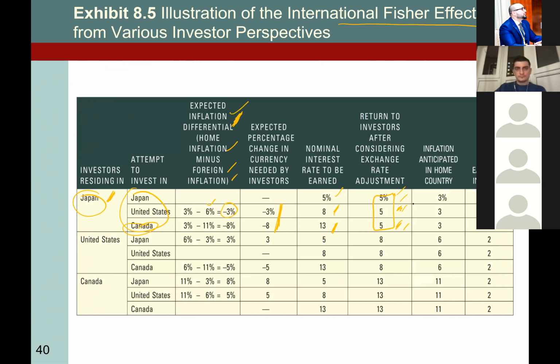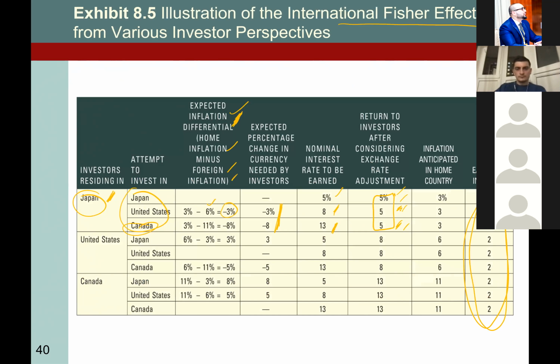So no matter where you are, if the international Fisher effect holds, it means it's better to invest in your own country, because if you invest in other countries, you will end up earning the same return. And you see here, the real return is the same.